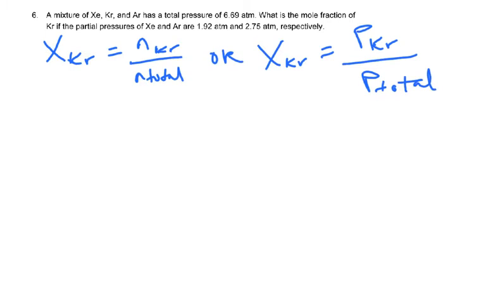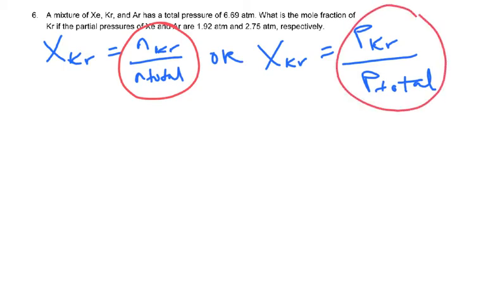And so if you compare each one of these options, you'll see that it's going to be difficult to get all of the information about moles. We're not given anything about grams, we're not given anything about moles. So this is going to be hard, but if we look at this other option, if we find the partial pressure of krypton, and we know the total pressure, then we can find the mole fraction. So we have P total, and then we have the partial pressures of xenon and argon.